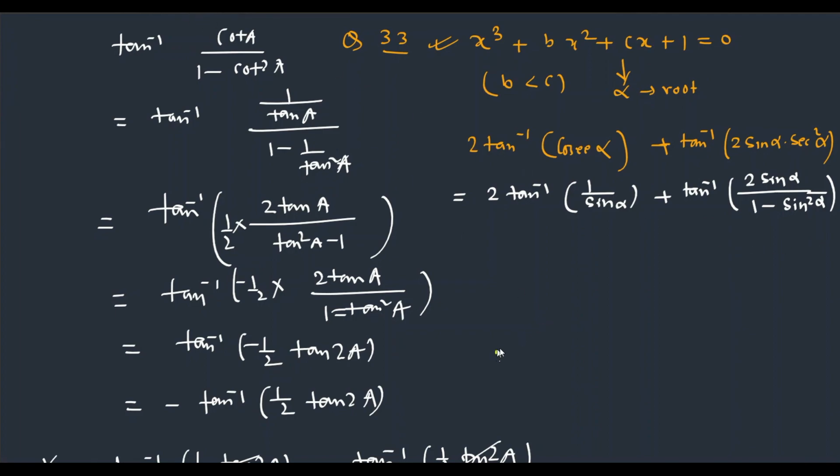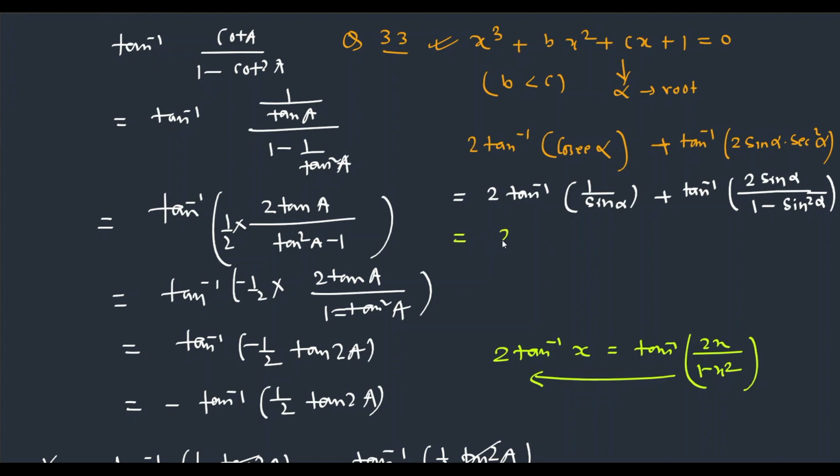Now suppose you have this formula: 2 tan inverse x. In terms of tan inverse we can write tan inverse of 2x divided by 1 minus x square. So if you look at this one, you can directly write 2 tan inverse x. You have to identify what x is here. Sin alpha is the x.